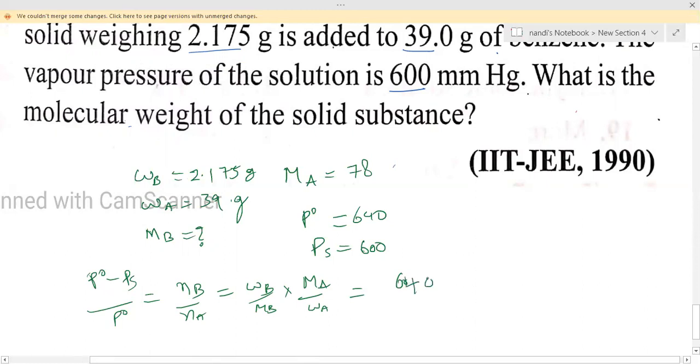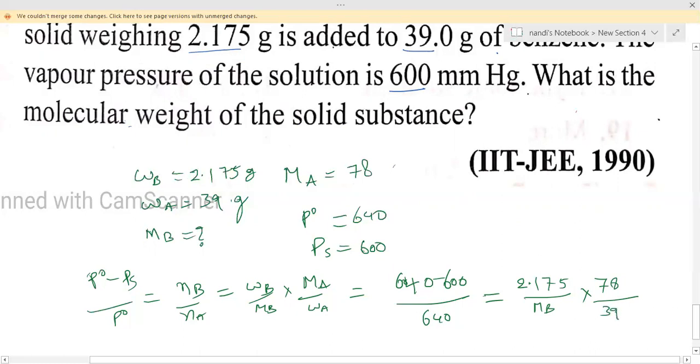So we write here 640 minus 600 by 640 equals WB 2.175 by MB, I don't know the MB value, that I need to calculate, into MA which is 78, the molar weight they have given, and WA is 39 grams.